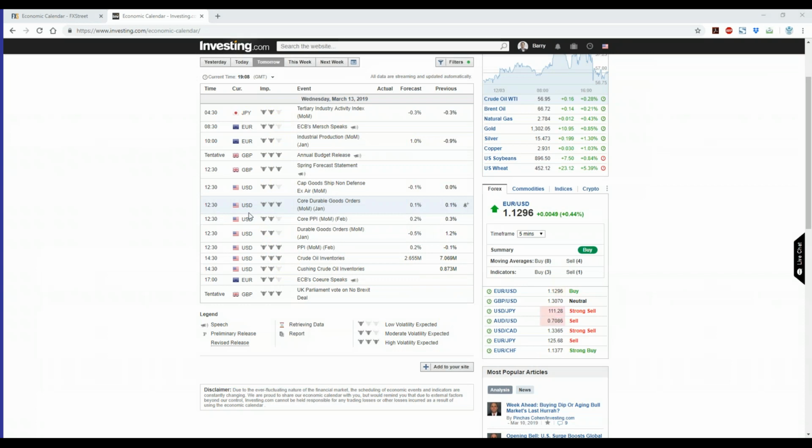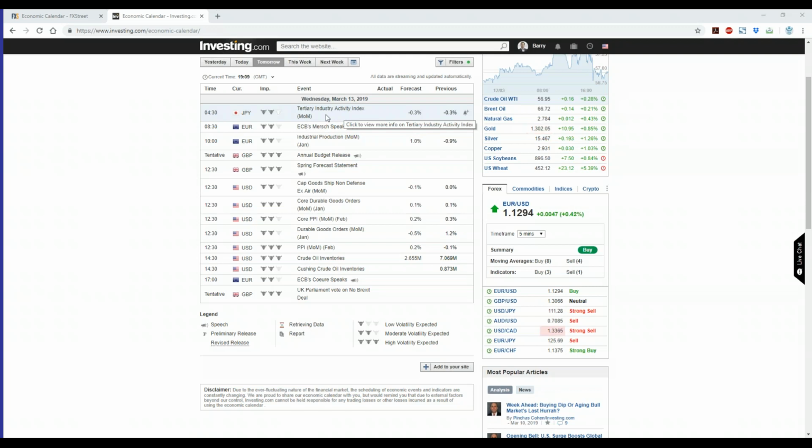But just so you know, the biggest difference between the calendars comes in what we call the forecast and also the information. So on investing.com, for instance, the first thing we're looking at is the tertiary industry activity level index.